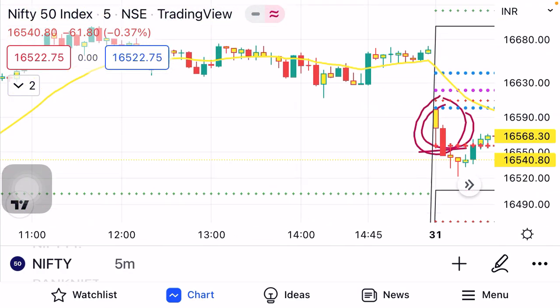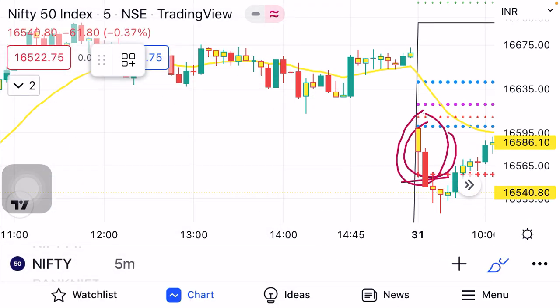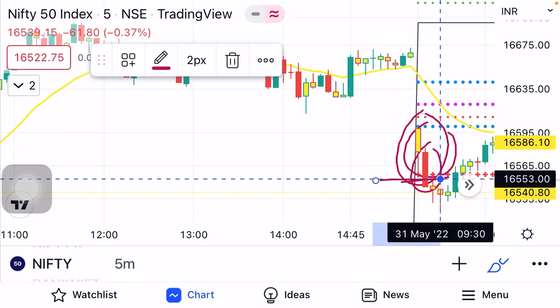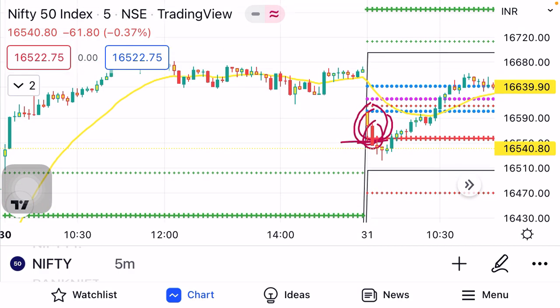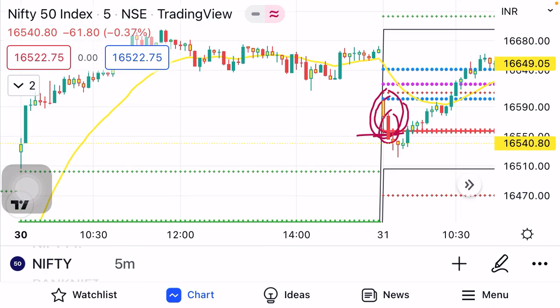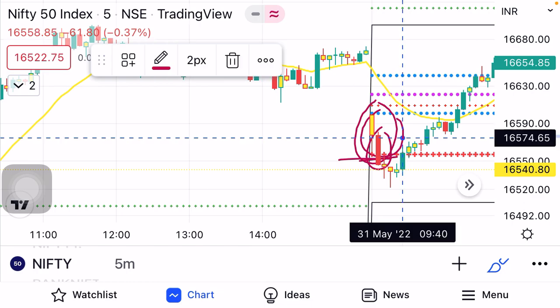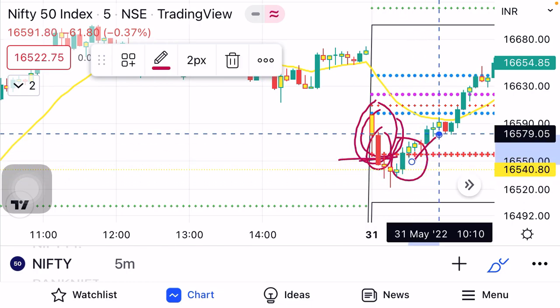Since the CPR is in uptrend, just because it has crossed L4, we don't take any put position. Okay, this is the candle where we can confirm that the market is turning bullish. We don't go for a put position anyway because the CPR is in uptrend.